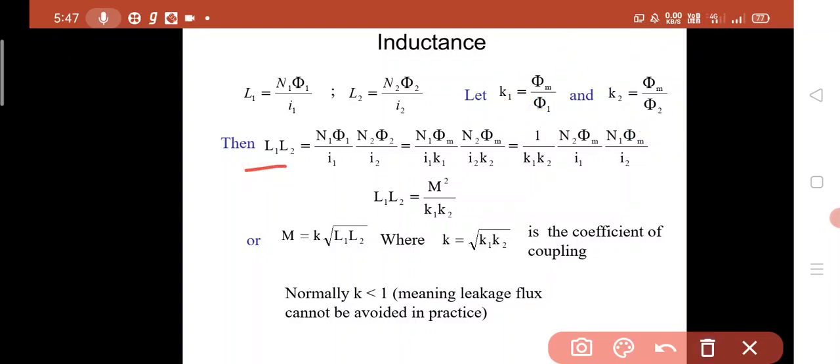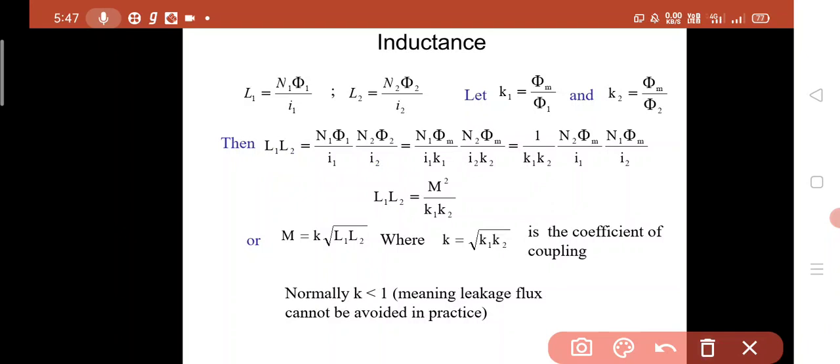Then L1 L2 is equal to N1 phi 1 by I1 times N2 phi 2 by I2. K1 K2 is a constant.